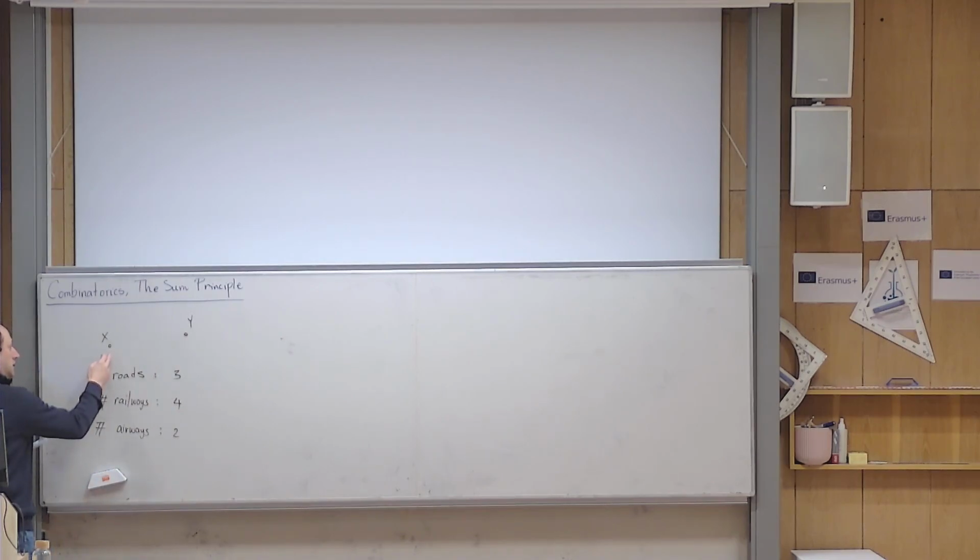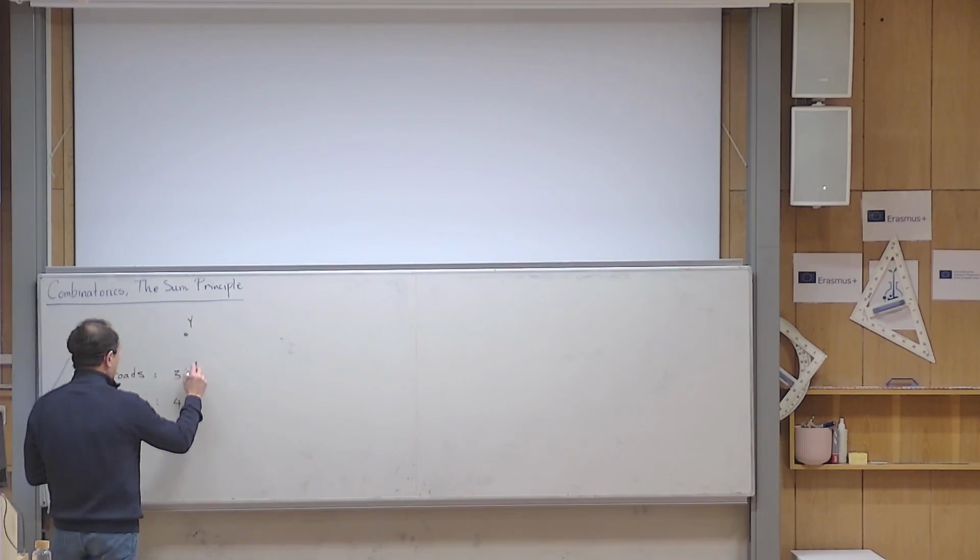Here, I can assume that I have 3 different options available, but, and this is very important, they cannot be done simultaneously. So I have 3 roads: road 1, road 2, and road 3.